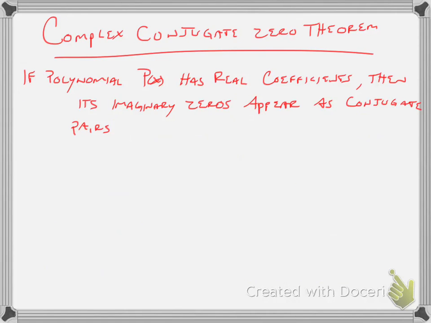The complex conjugate zero theorem. If a polynomial p of x has real coefficients, then its imaginary zeros appear as conjugate pairs, meaning if a plus bi is a zero, then its conjugate, a minus bi, also has to be a zero.